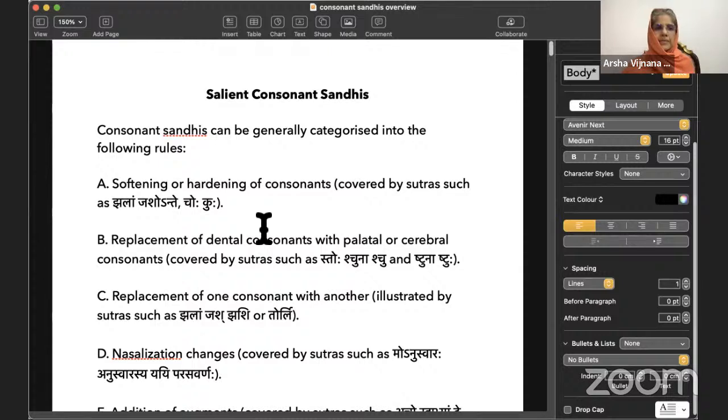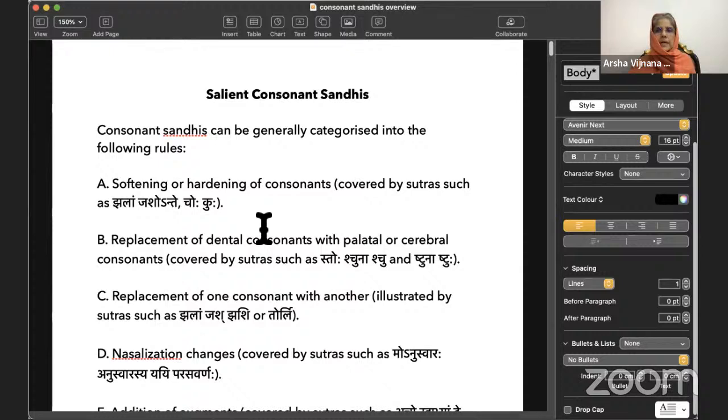And what do we mean by the softening or hardening of the consonants? For example, there are rules for substituting soft consonants for hard consonants, like class 3 letters in the place of class 1 letters.